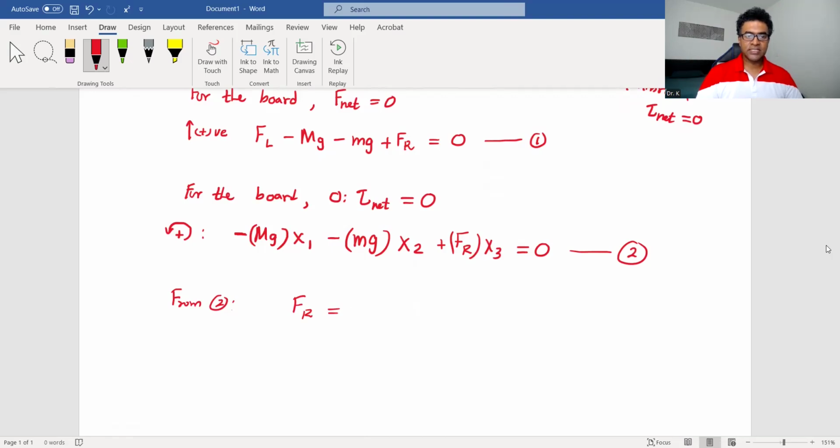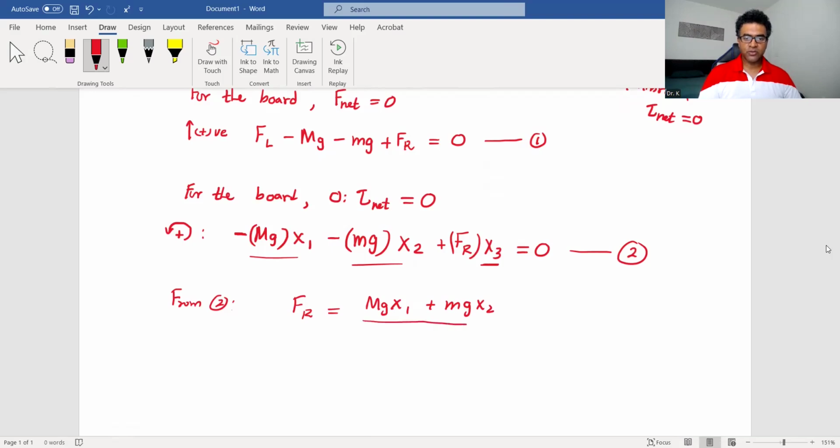I'm going to take the first term and the second term to the right-hand side, so they become positive. So I have big mg x1 plus small mg x2, and then the entire thing should be divided by x3, right?